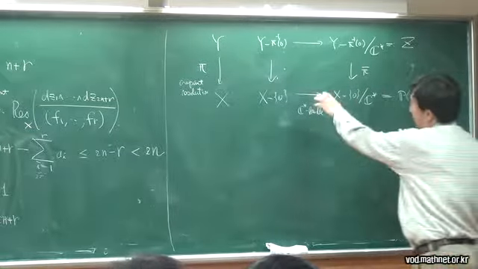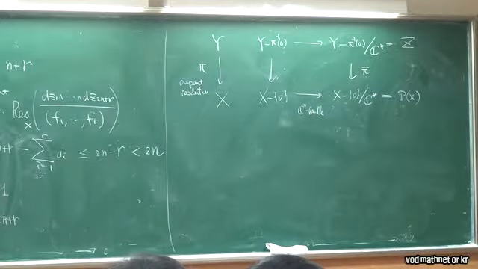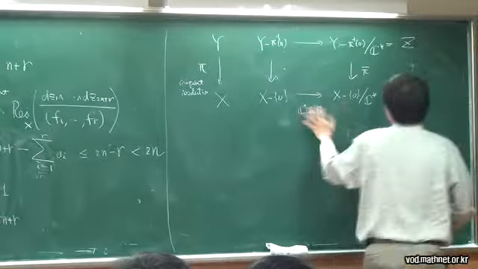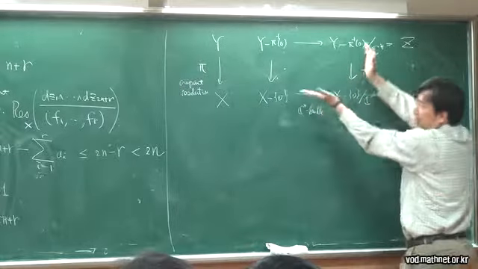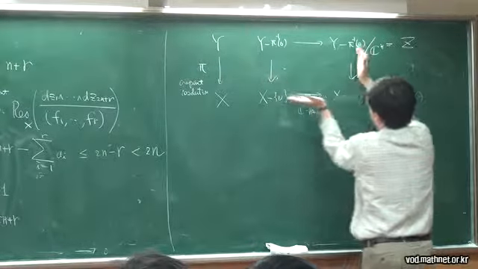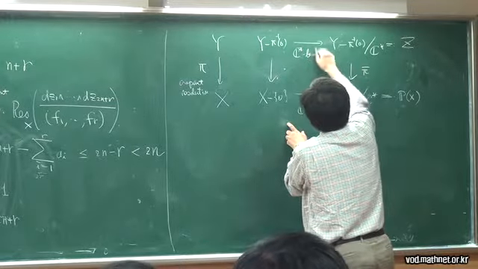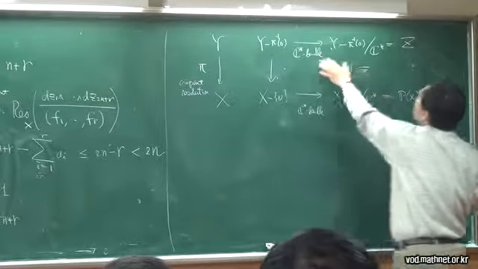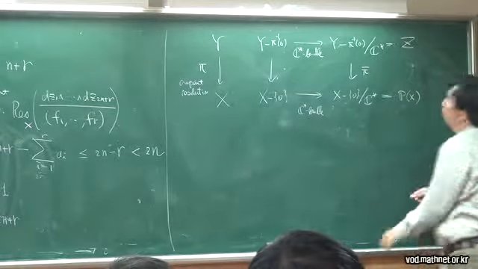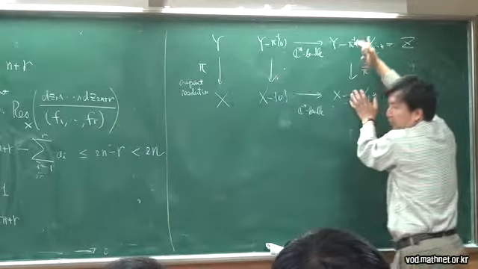But in our case, we are lucky because the degree weight of every coordinate is 1, so this is a C-star bundle. And one can check that this is a fiber product of this diagram, and this is also a C-star bundle. And this is a crepant resolution. This is smooth, and so this is also smooth. And moreover, one can check that this is crepant, so this is also crepant.